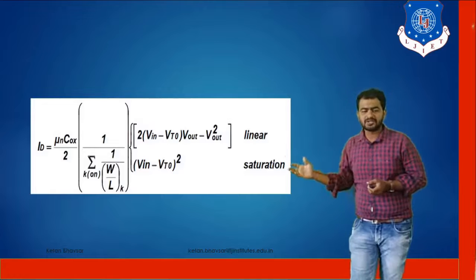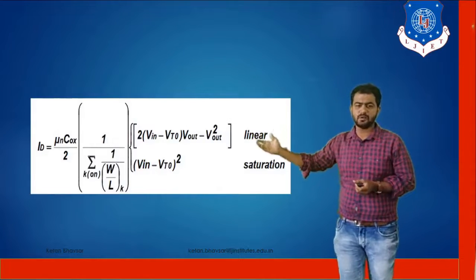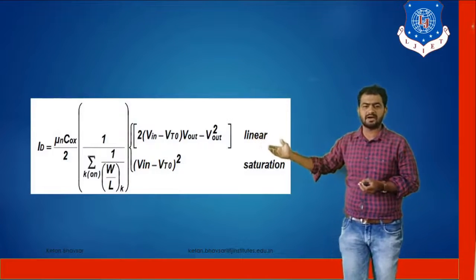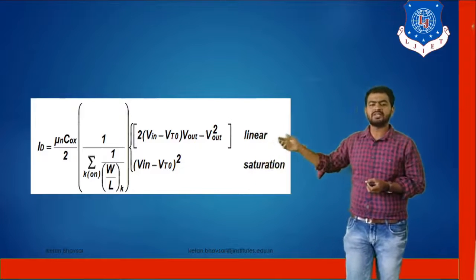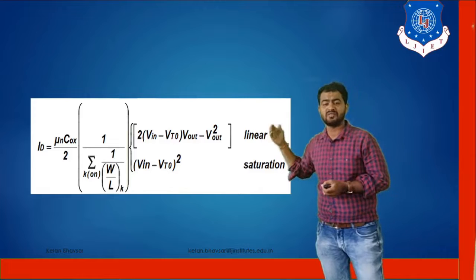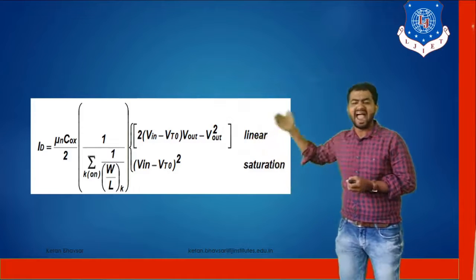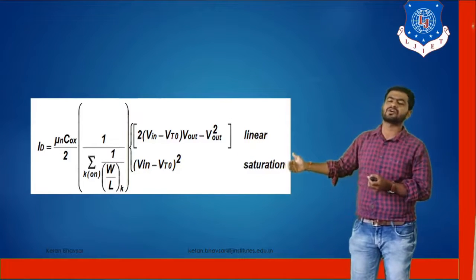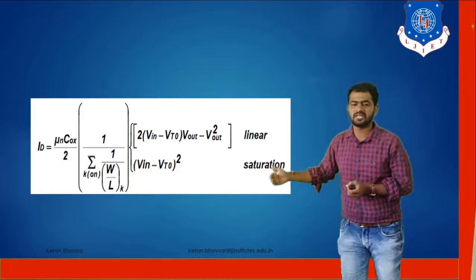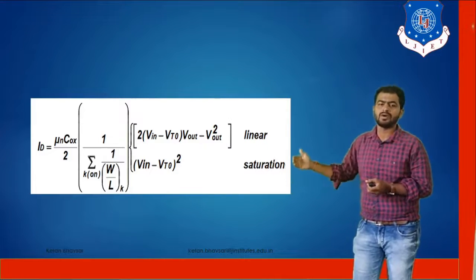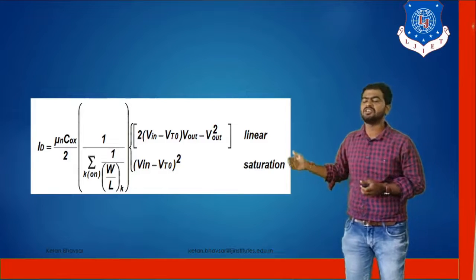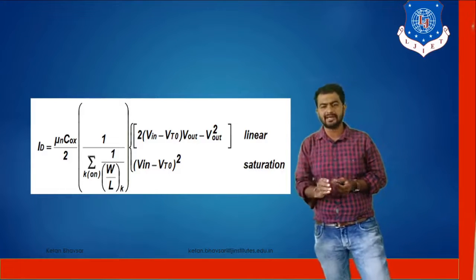Now for this we have an equation like this: ID equals mu n Cox by 2 times 1 divided by the summation of k from 1 to n of 1 divided by (W/L)k, times (VGS minus VT) times VDS minus VDS squared, for the linear region. We write the same equation for the saturation region: mu n Cox by 2 times 1 divided by the summation of 1 divided by (W/L)k, times (VGS minus VT0) whole squared.